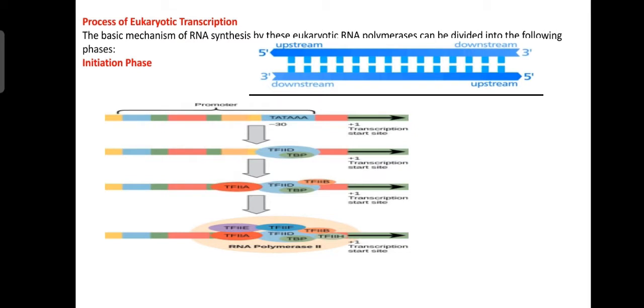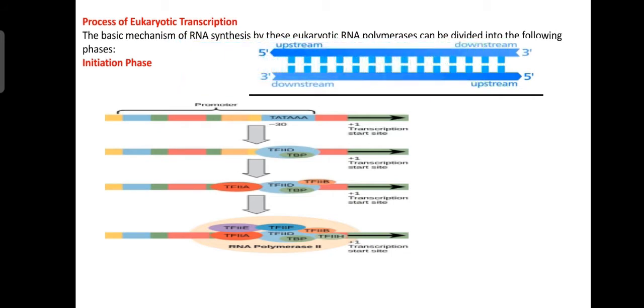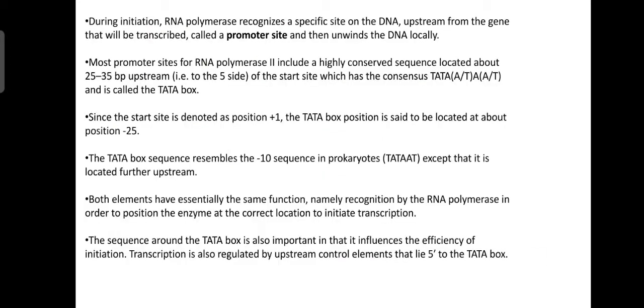See, here it is clear in the blue image. Upstream means towards the 5' end. Downstream means towards the 3' end. So towards this upstream end, in the lower image you can see the TATA box is located 25 to 35 base pairs upstream.